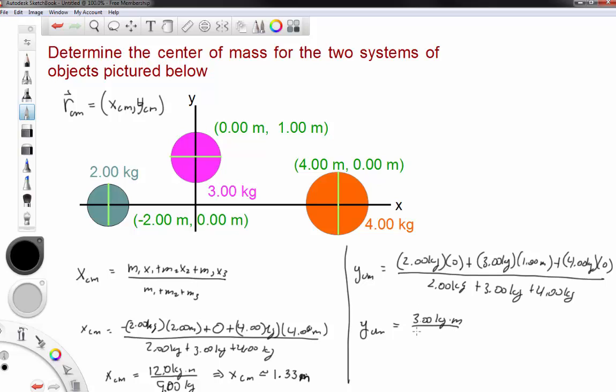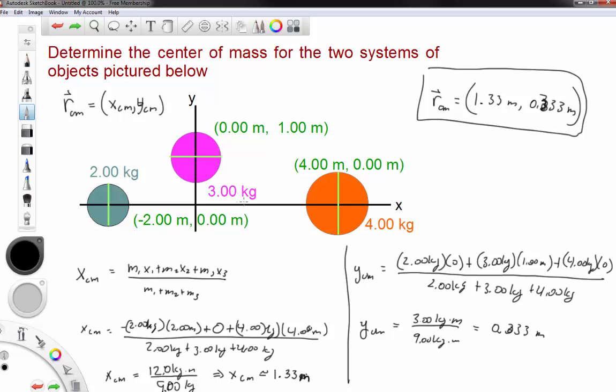So this means that the center of mass for y is given by 3.00 kilogram meters divided by 9.00 kilogram meters, which is 0.333 meters. So the center of mass position for this system is 1.33 meters, comma, 0.333 meters.